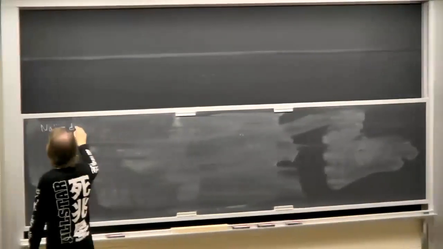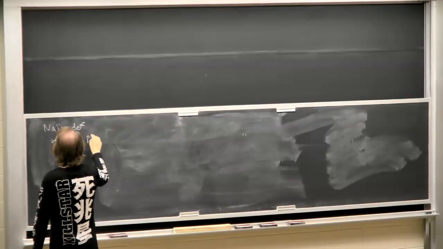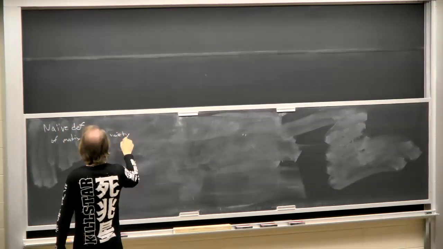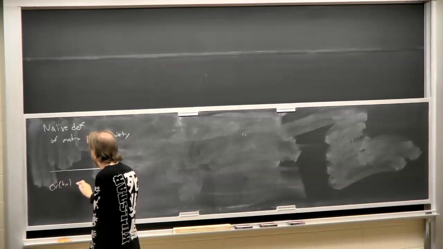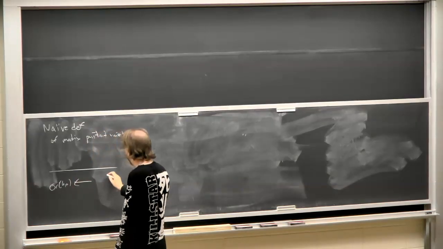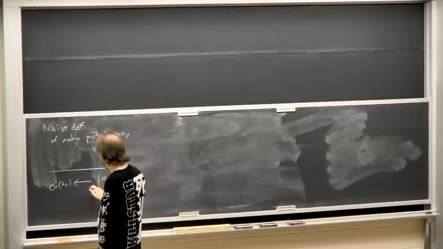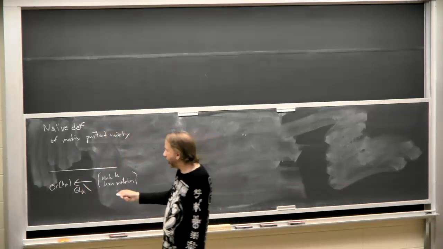the naive definition of matrix positroid variety is we've got the Grassmannian, and we have a map to there from rank K, K by N matrices. And that map is you divide by the left action of GLK, or you might call it row span.